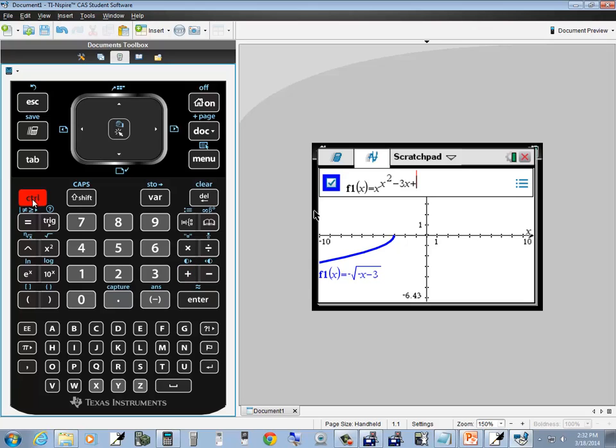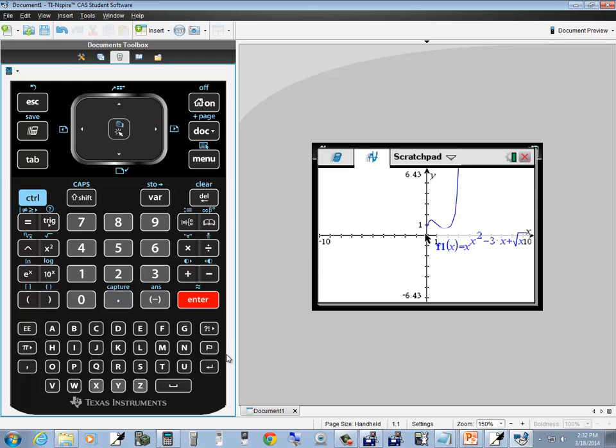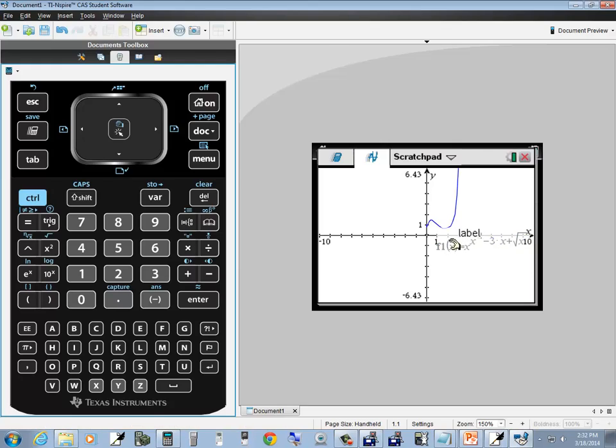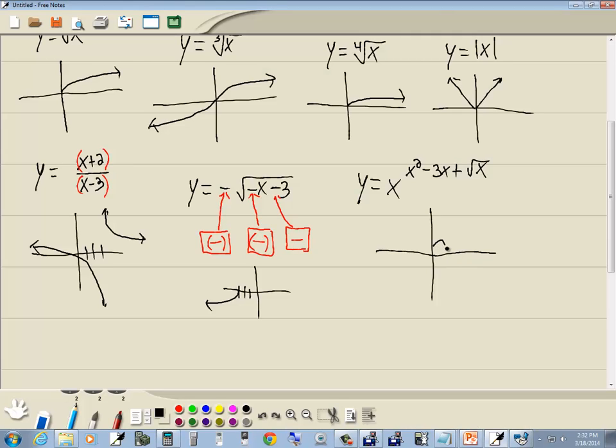So I'm going to do a control x squared for the square root, put my x in. I'm going to press my right arrow key to get it out of the square root, and I'll press my right arrow key again to get it out of the exponent. And press enter. And that gives us our graph.